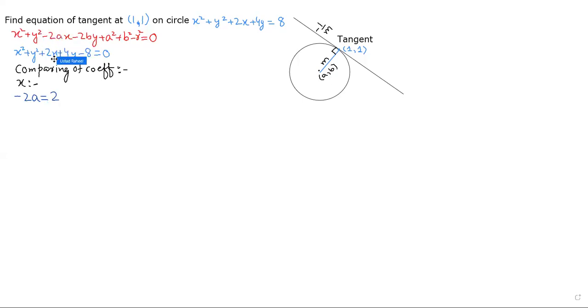Coefficient of x is minus 2a, coefficient of x is 2, so I am comparing them. When I simplify it, the value of a will be 2 upon minus 2, which is a equals to minus 1. That is my first working.